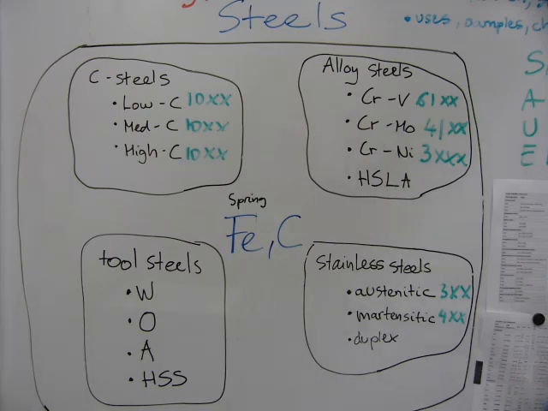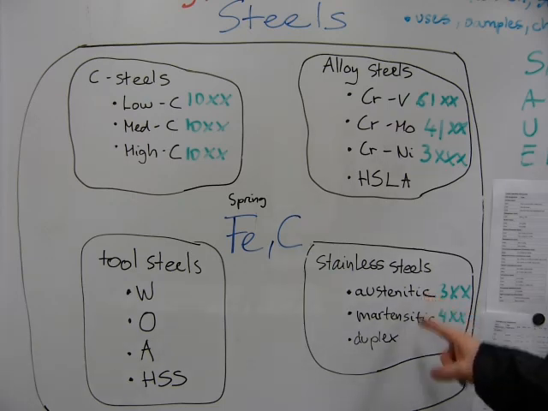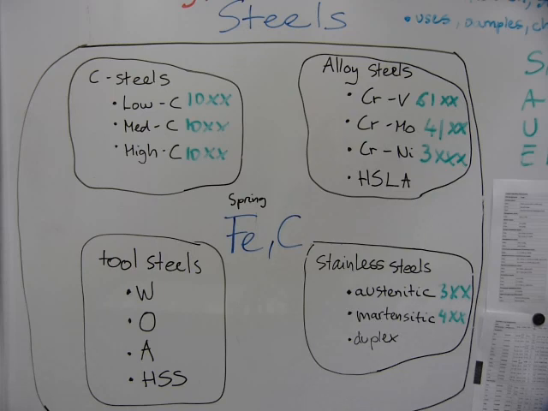The last group is stainless steels, and austenite and martensite are words that refer to the crystal lattice structure of iron. And usually I make an analogy with snowflakes. All snowflakes are made of water, okay?